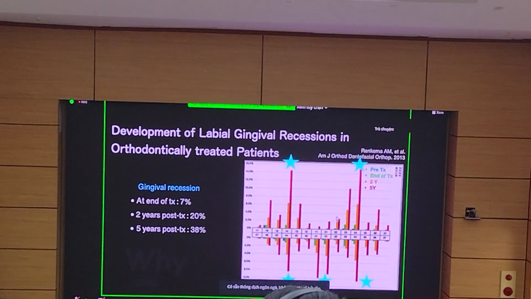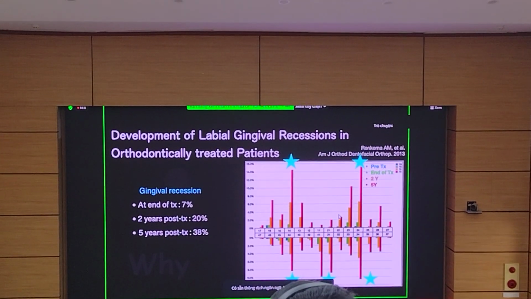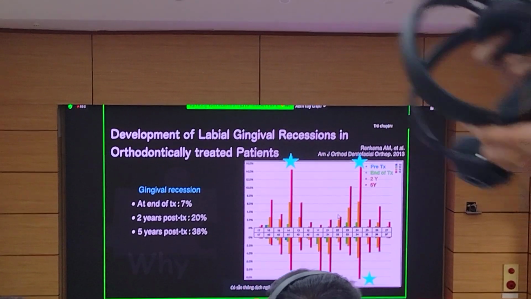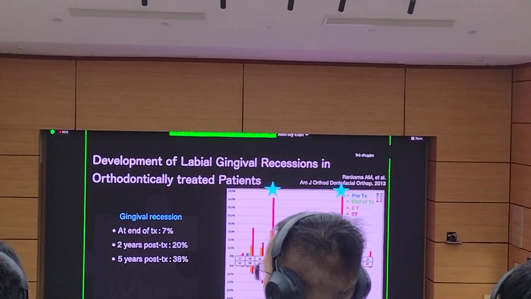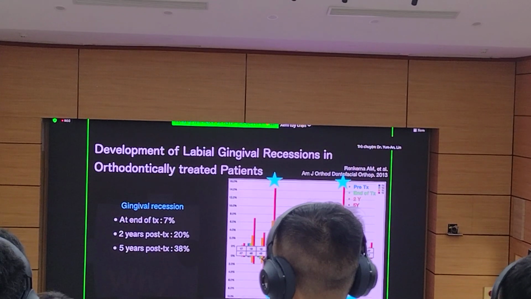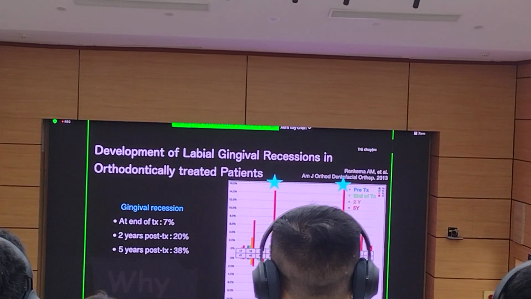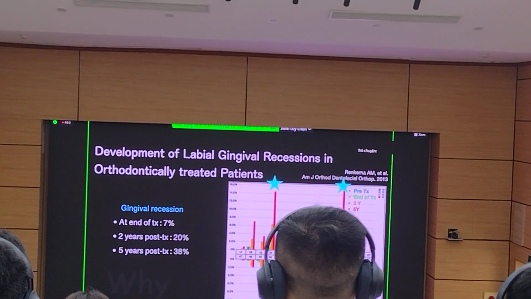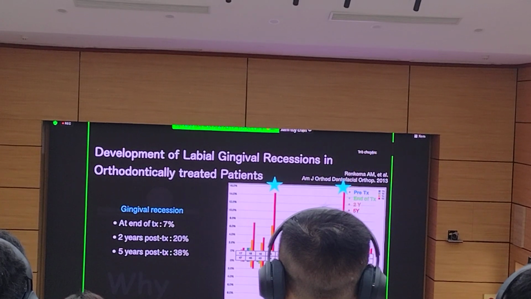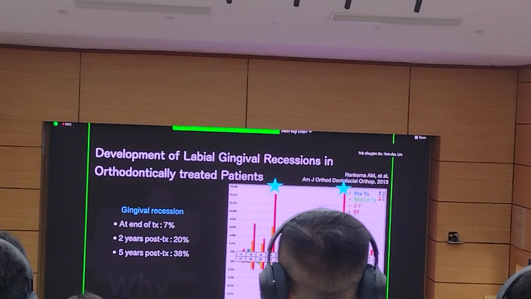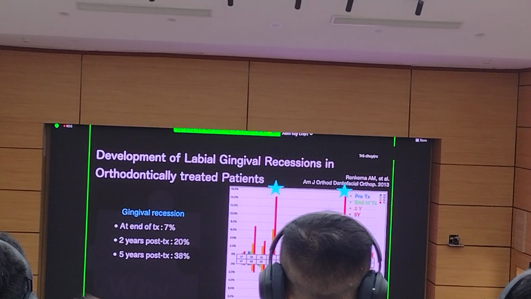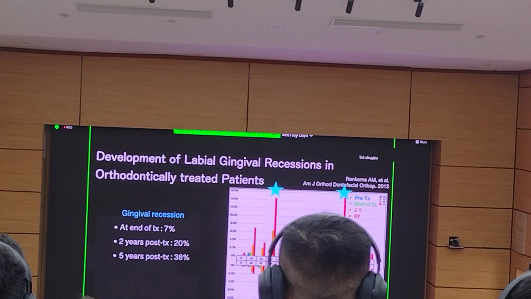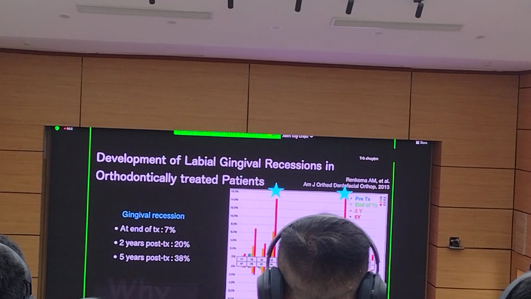Also, according to the 2017 World Workshop and the previous consensus report from the American Academy of Periodontology, in thin periodontal phenotype, if the dentition was moved outside of the alveolar process, such as arch expansion, a high incidence of bone dehiscence and gingival recession could be observed.